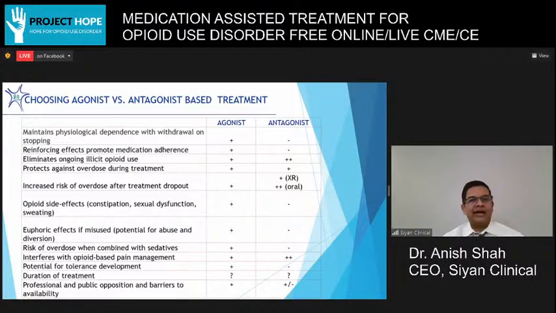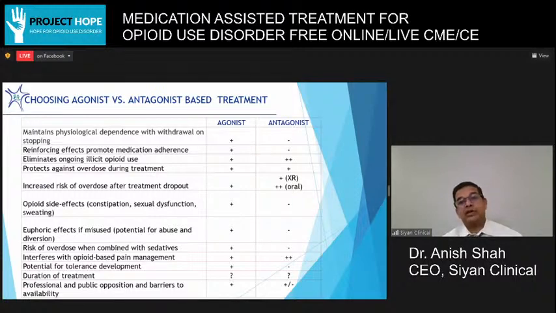I think they both work, but if you're looking to manage physiological dependence or withdrawal on stopping, then agonists are probably better. For reinforcing effects and promoting medication adherence, buprenorphine has superior data compared to antagonists like naltrexone.